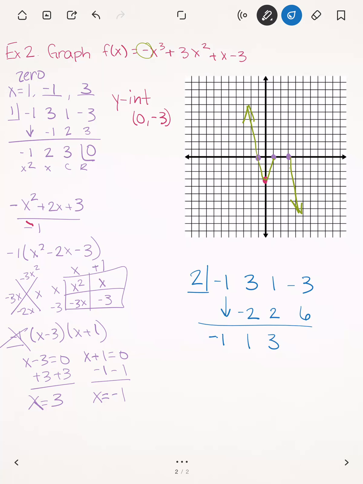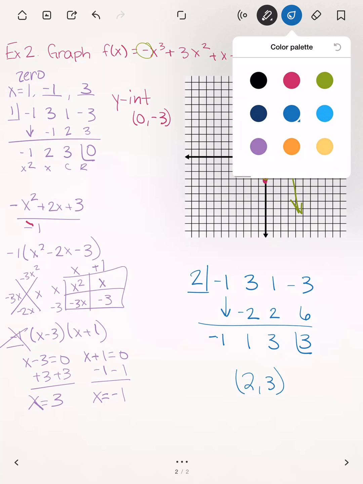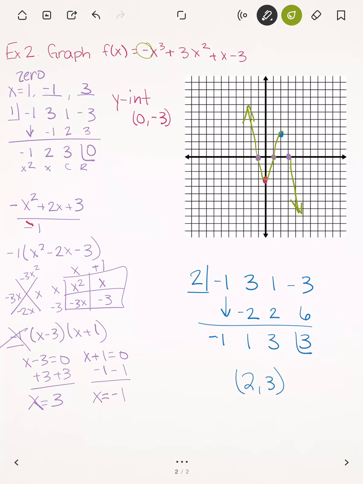Negative 3 plus 6 is 3. So I get a point at 2, 3. So I'm going to plot that 2, 3 right there. And then I continue my line and it looks like that.